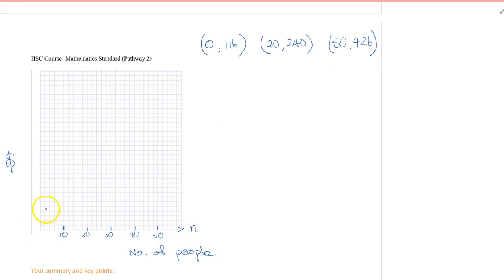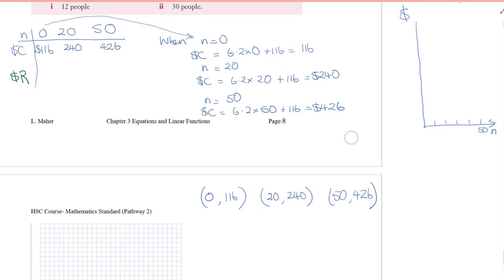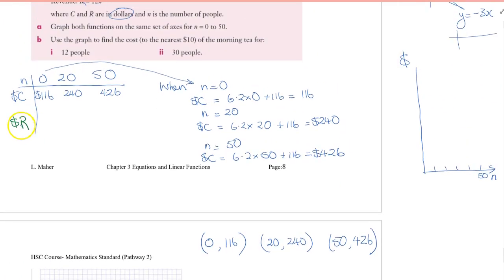I'm not prepared at this stage to commit a scale on the vertical axis, because while I know that the cost goes to 426, and I've got to make sure I can get at least 426, at this stage I don't know what the revenue amounts of dollars will be, the biggest value, so I wouldn't put my scale on yet, and I won't graph those points. So I'm going to pause the video now, and I'm going to do the calculations for a green line that I will draw, which will represent the revenue.